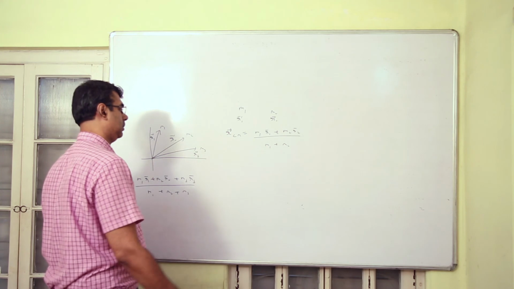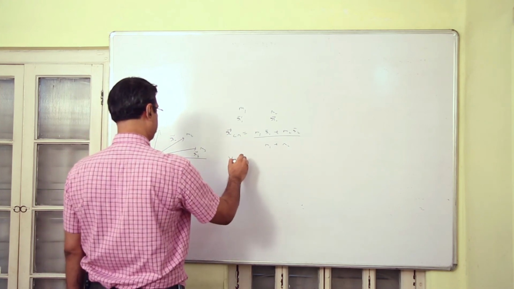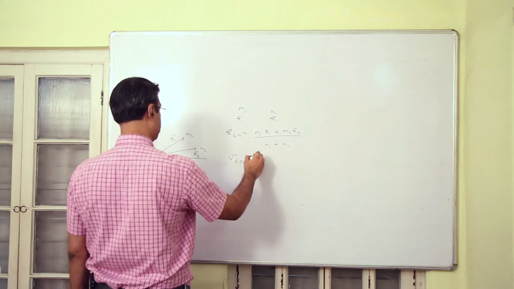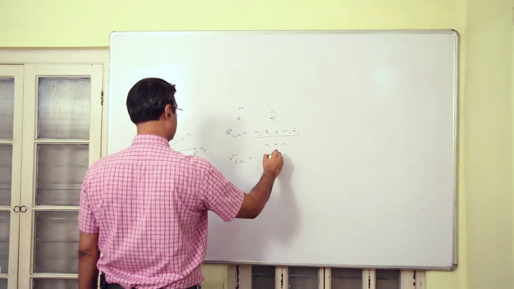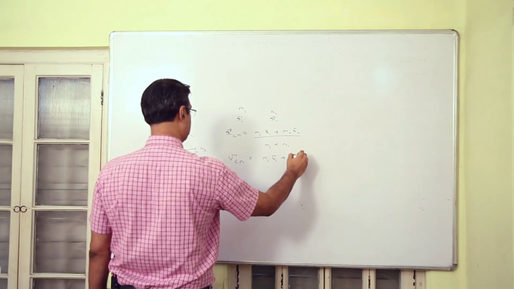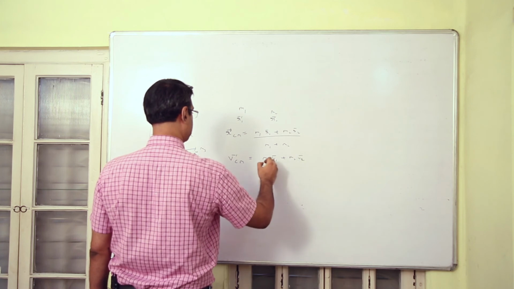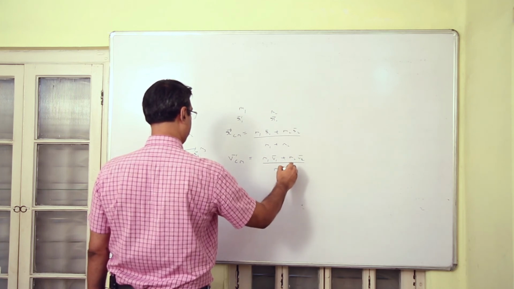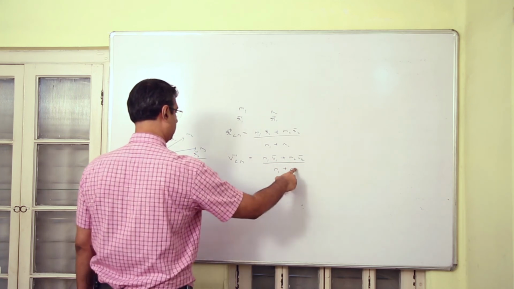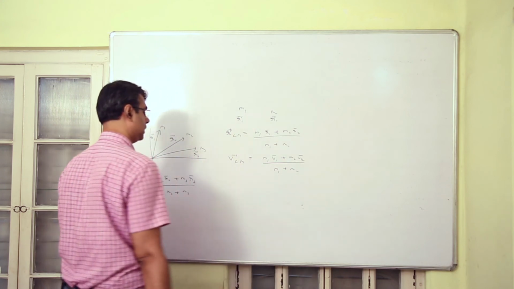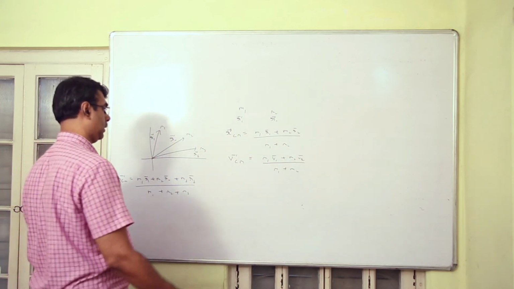So RCM will be this. If you differentiate both sides, then VCM will be m1 v1 plus m2 v2 by m1 plus m2. This is VCM, the velocity of center of mass.